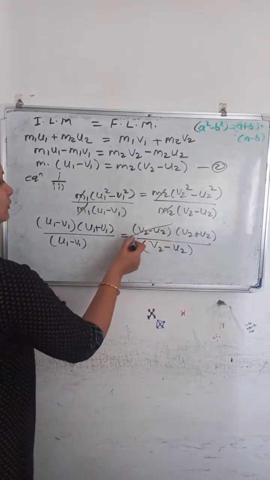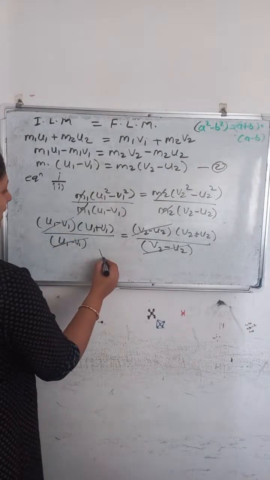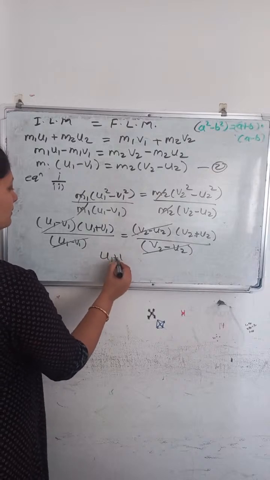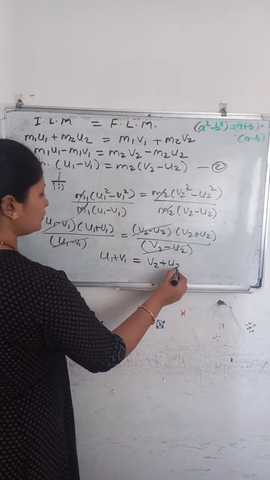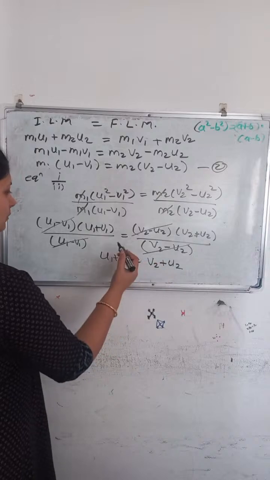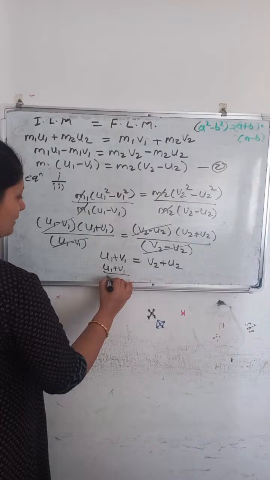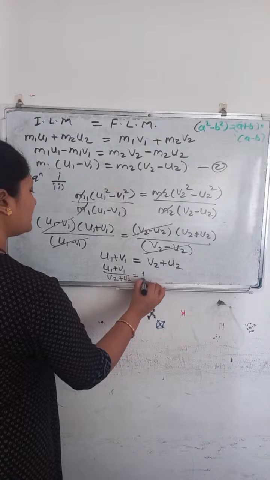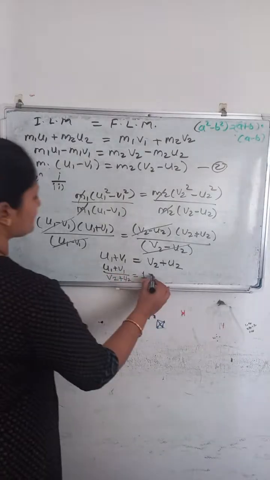So v2 minus u2 gets cancelled, u1 minus v1 and u1 minus v1 get cancelled, and we are getting here u1 plus v1 equal to v2 plus u2. So I will transpose these terms over here. u1 plus v1 divided by v2 plus u2 is equal to 1, or this we can write as e.